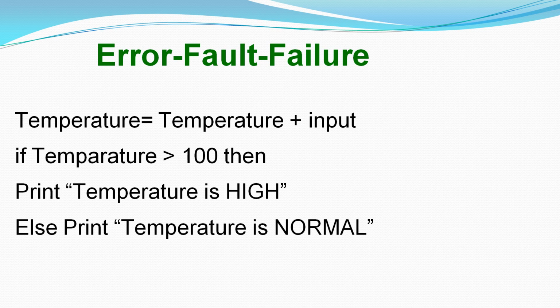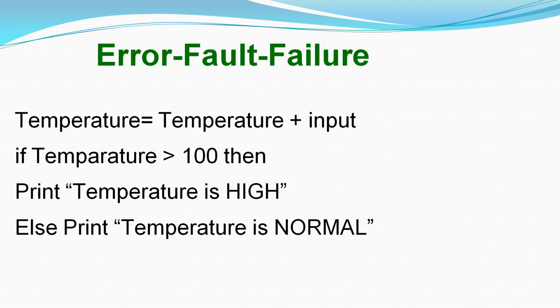Now, if the second statement gets executed, then it will compare the total value of the temperature. Here I have assigned the variable temperature as 100, the value for the input is 10, so the total will become 110.